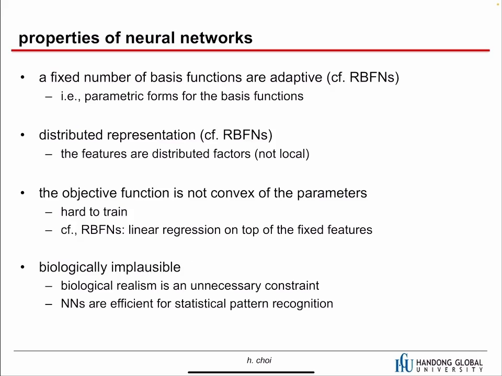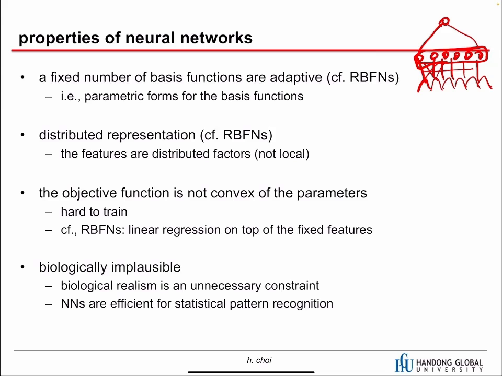So let's compare this neural network to RBF networks. In the RBF networks, we have radial basis functions like this, and then we represent the input in this space, and these are not trainable layers, and then we have one trainable layer here. So that is a linear regression.